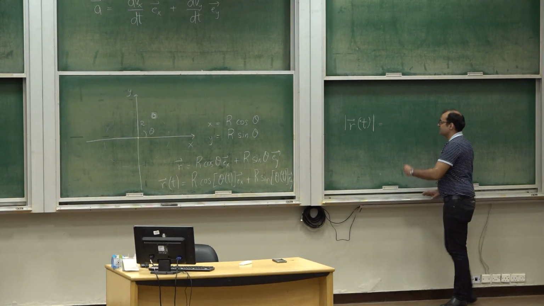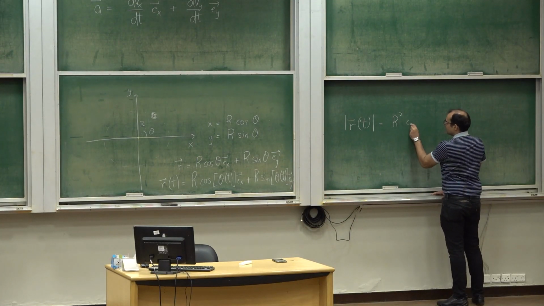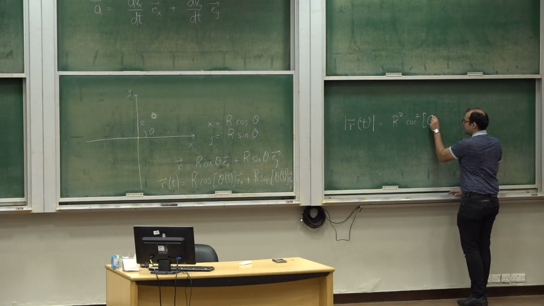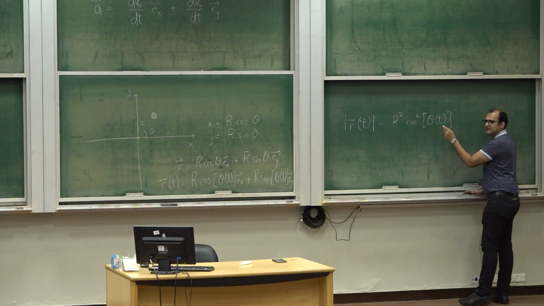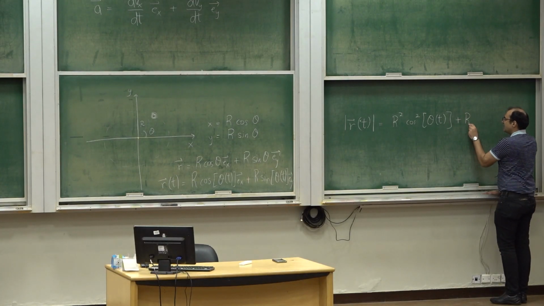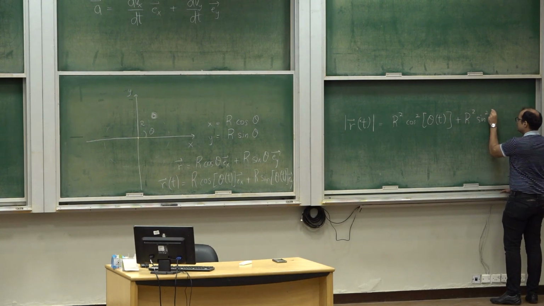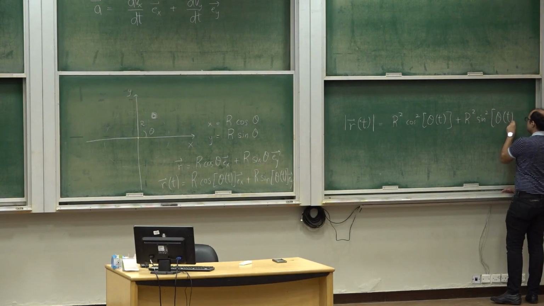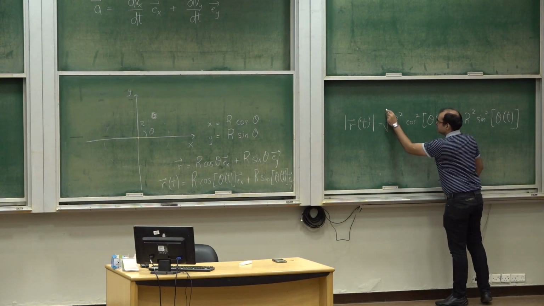That's basically Pythagoras theorem. So you get r square cos square theta of t plus r square sine square theta of t, and then you have the square root, of course.